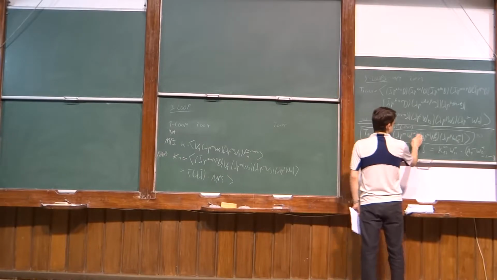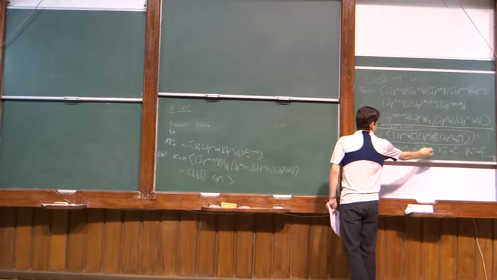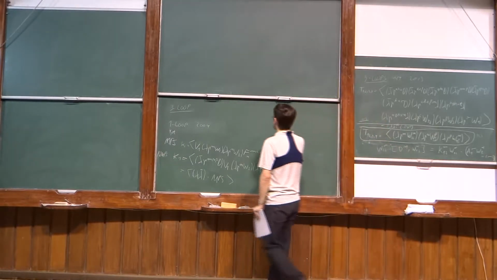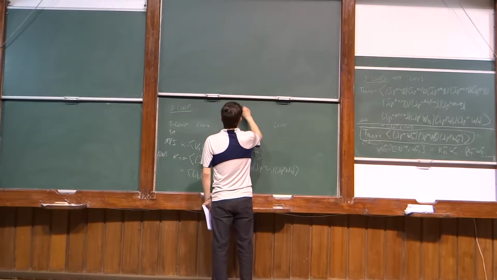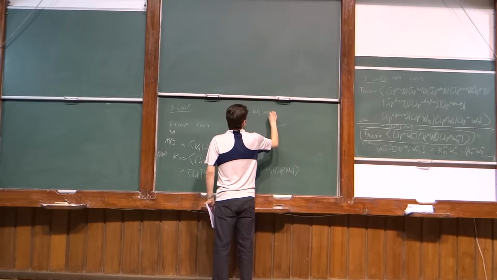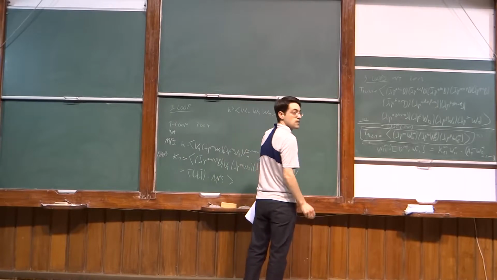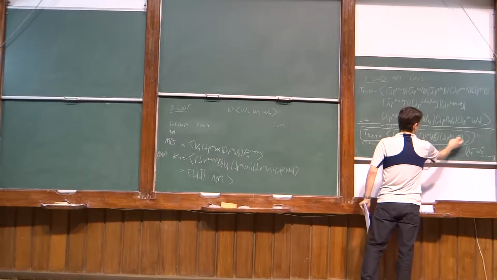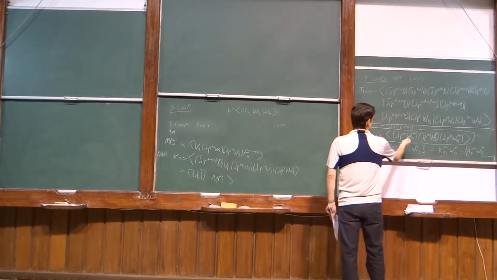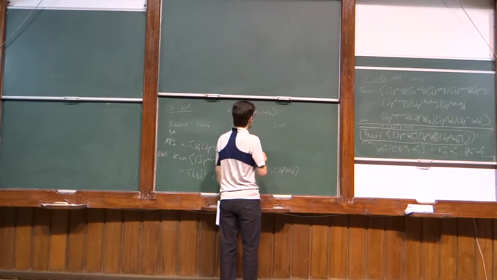So you get 3 powers of momentum for free, and W1, W2, W3, W4. This is the downstairs expression, with 3 factors of momentum.